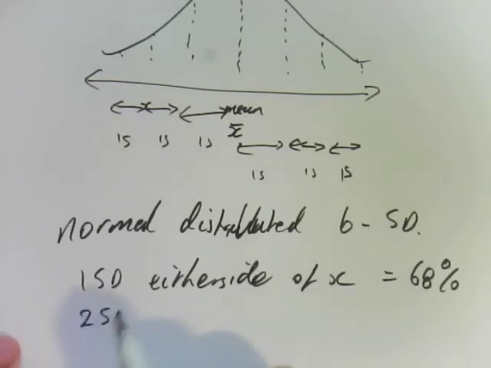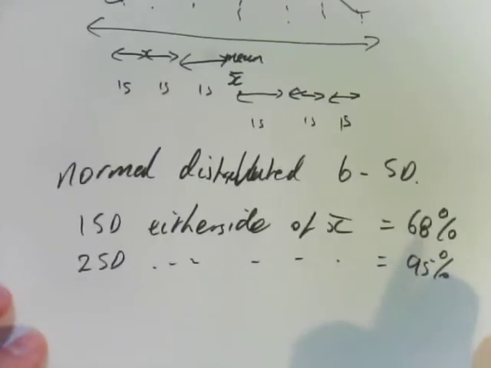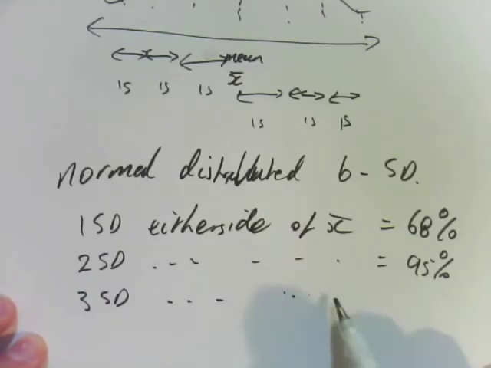If you go 2 standard deviations either side of the mean, you get approximately 95% of your data, and I'm pretty sure you can guess what's coming next. If you go 3 standard deviations either side of your mean, you get 99.7% of your data.